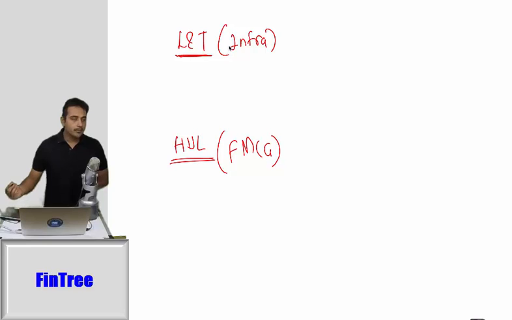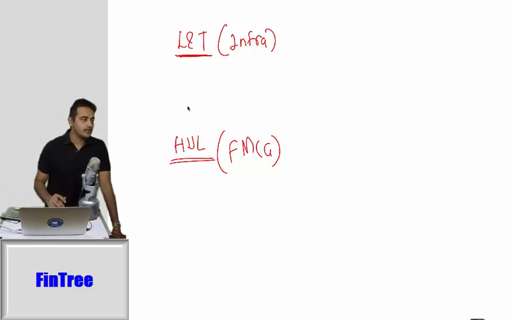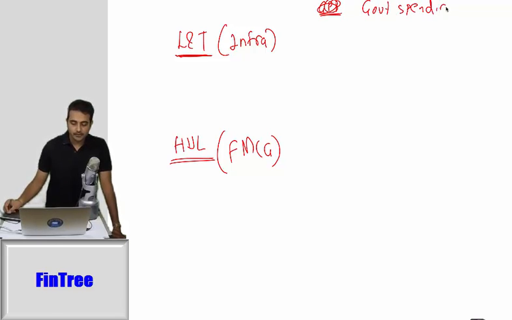Now we are trying to build a multi-factor model, so we try to figure out what the risk sensitivities are. Let us say one of the risk sensitivities is government spending. Then L&T as a stock should have a higher risk sensitivity to government spending, whereas HUL will have a lower risk sensitivity.